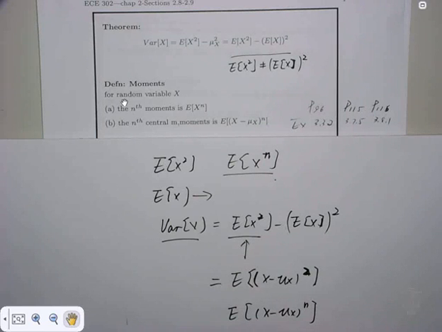So if it's the second power, it's the second central moment of x.